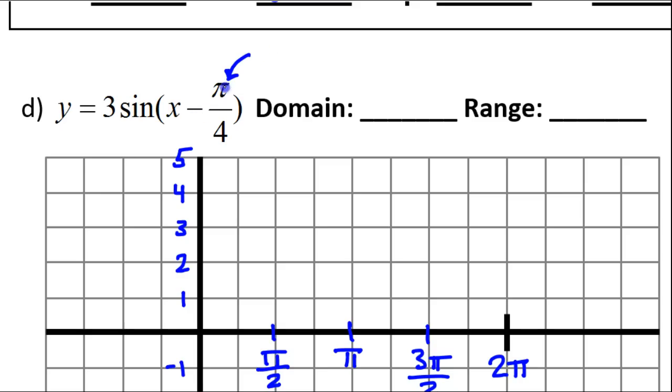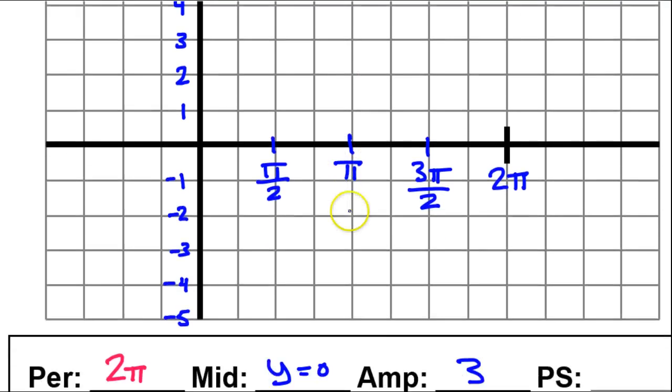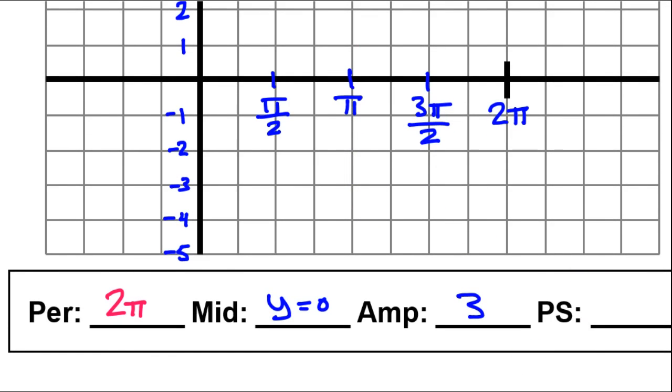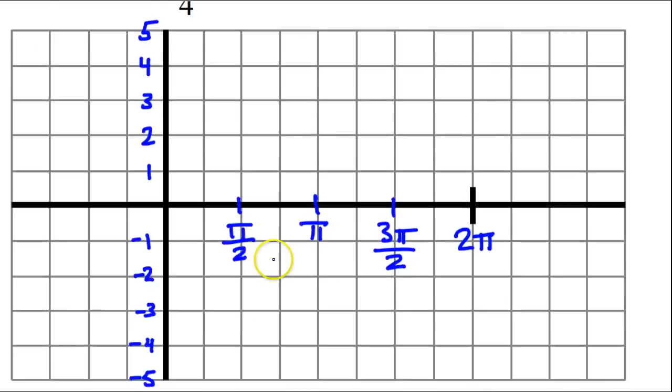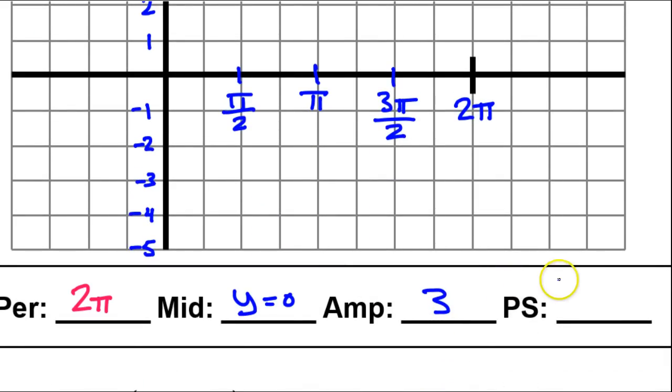So this would be a shift to the right by pi over 4. In the context of graphing trig functions, we call that a phase shift. So it's going to be a phase shift of pi over 4 to the right.